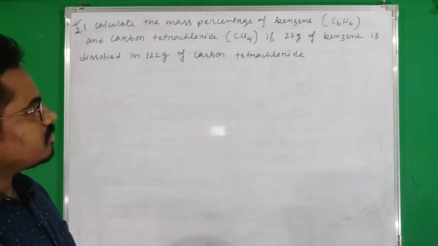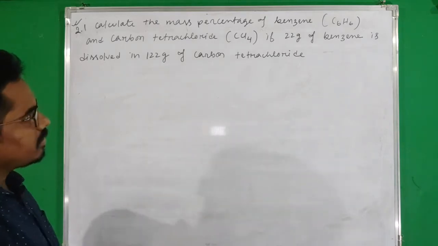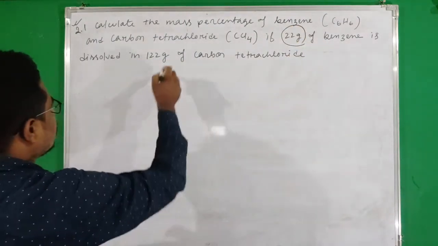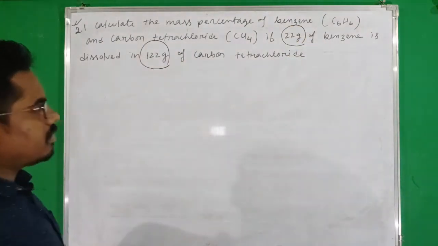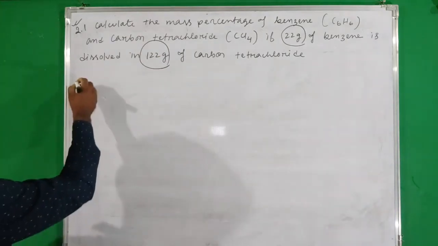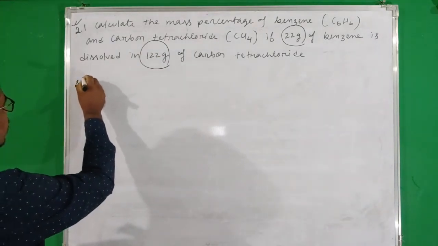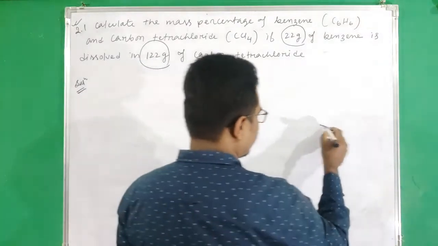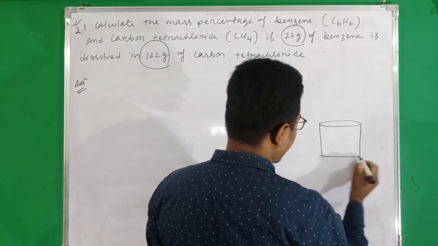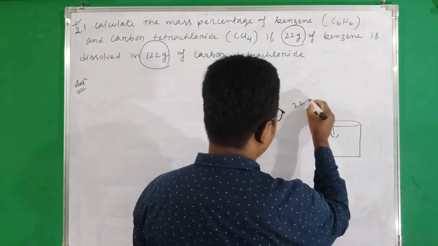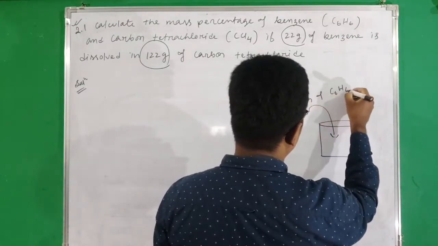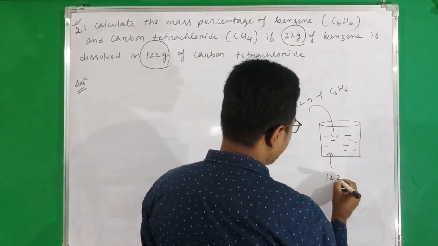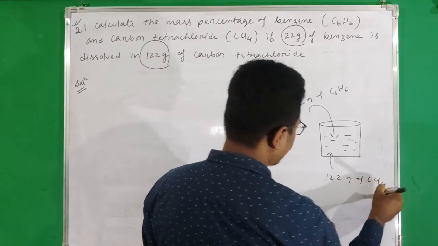Calculate the mass percentage of benzene and carbon tetrachloride if 22 gram of benzene is dissolved in 122 gram of carbon tetrachloride. Okay, we have to calculate the mass percentage of benzene and carbon tetrachloride in the solution. 22 gram of benzene is mixed with 122 gram of carbon tetrachloride.